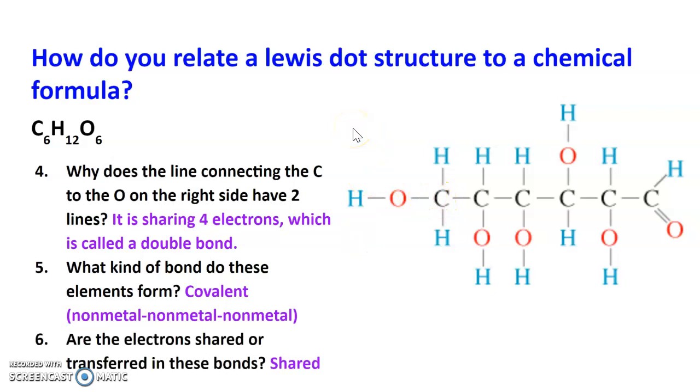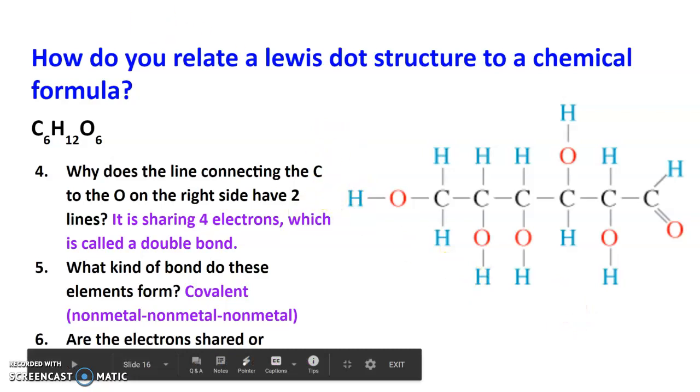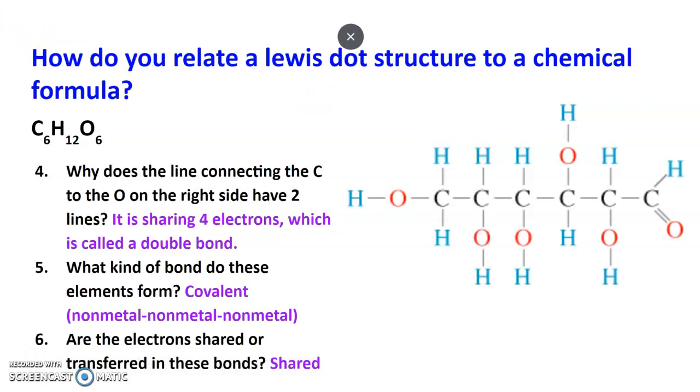This means that all of these electrons are being shared between the different elements. All right, that's all we really need to know about Lewis dot structures and chemical formulas and molecules. And this is going to help us later on in this unit when we start really digging in and looking at the water molecule, which is the most special covalently bonded molecule of all.